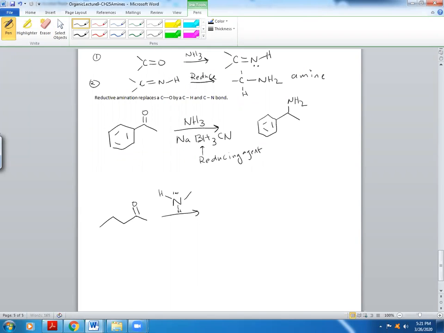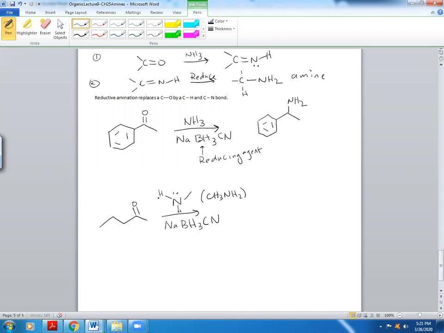So let's say we have methylamine here, or it could be written as CH3NH2, and then the sodium cyanoborohydride.